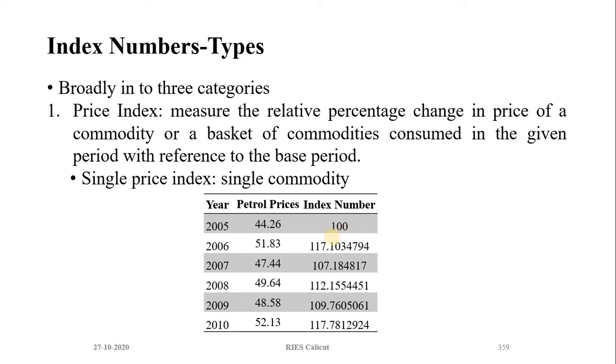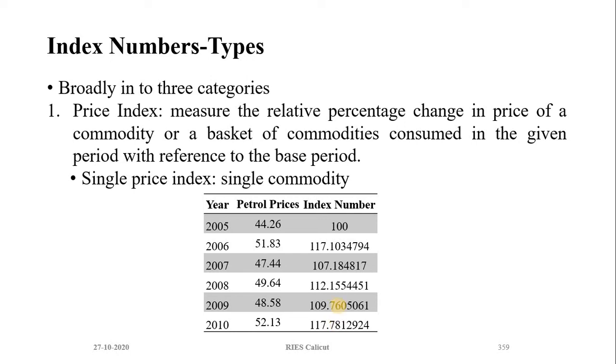Between 2005 and 2007, 107 percentage. Between 2005 and 2010, 178 percentage. So over different periods of time, the price of petrol has increased and in some years has decreased.